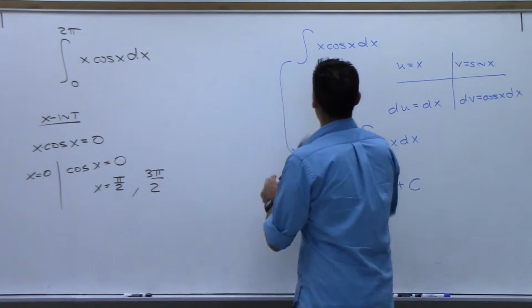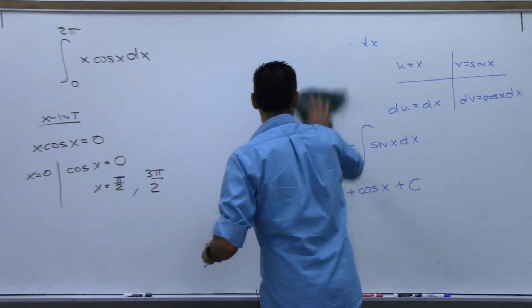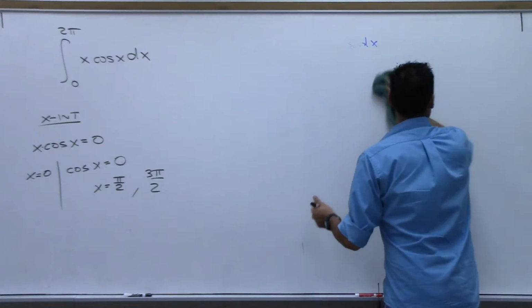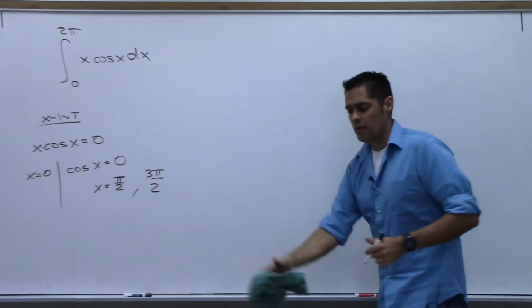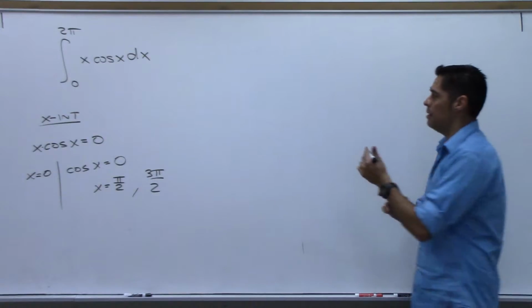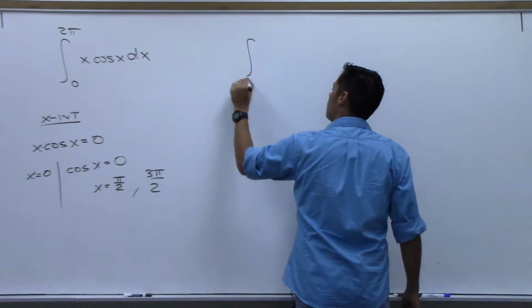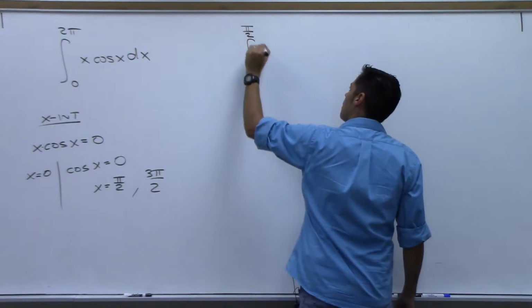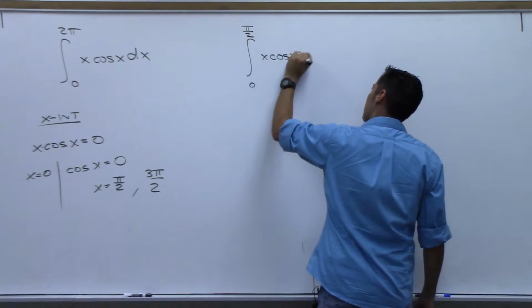So what we would need to do, in order to find the area without taking into account the negative part and not letting it cancel us out like it did, is first do an integral that goes from 0 to pi over 2 of x cosine x dx.